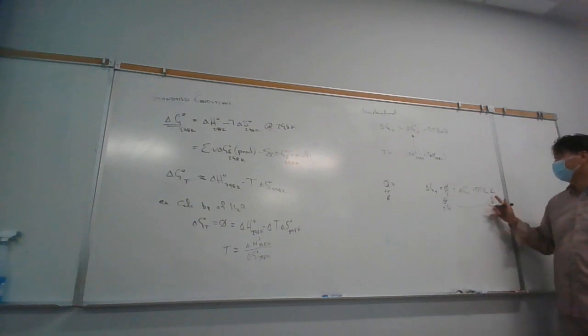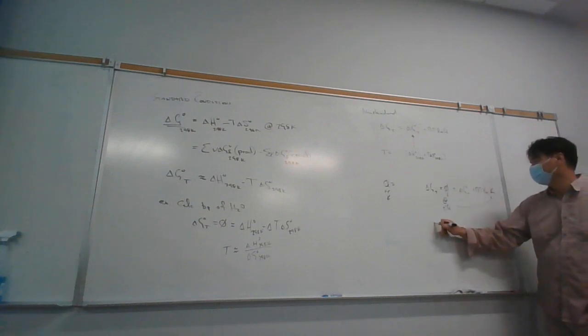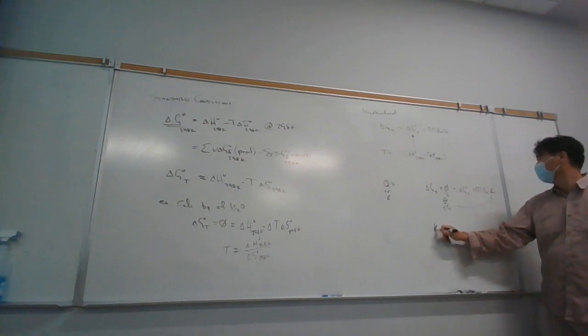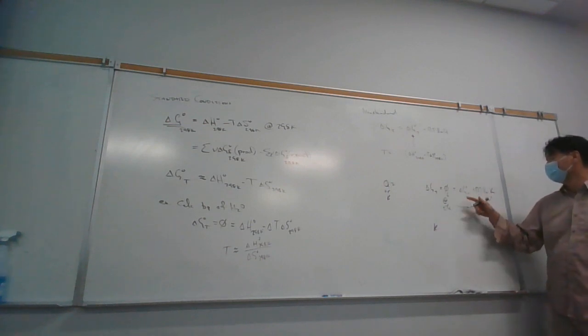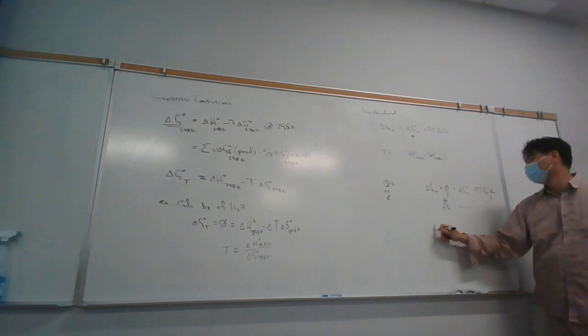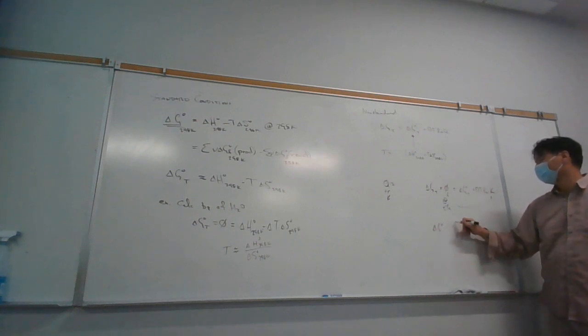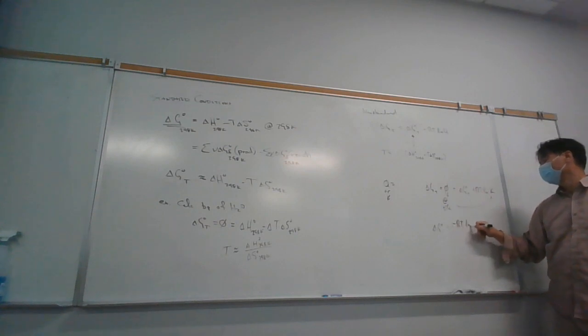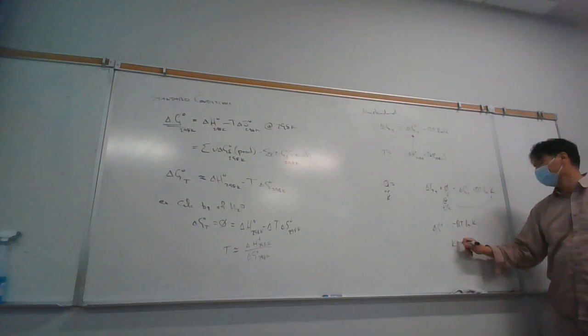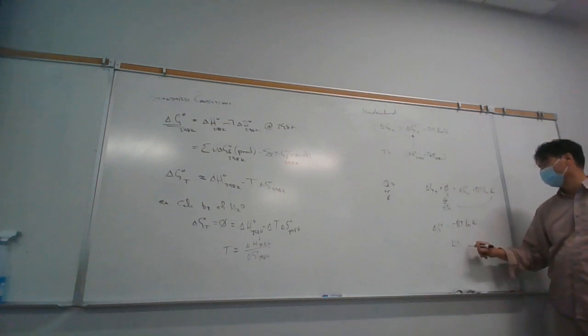And so what we get from this is K. Actually, let's go ahead and solve this. We're going to get delta G naught is equal to minus RT ln K. And then K is equal to e to the minus delta G naught over RT.